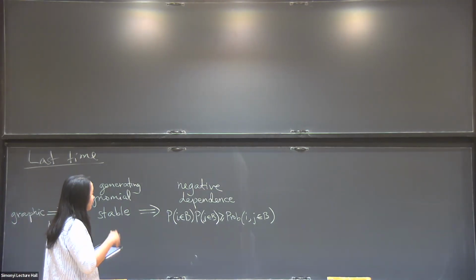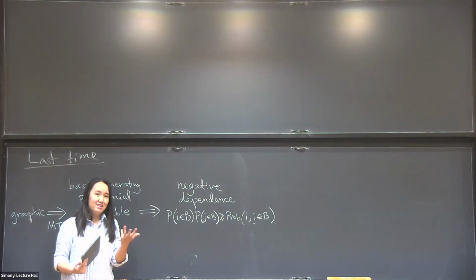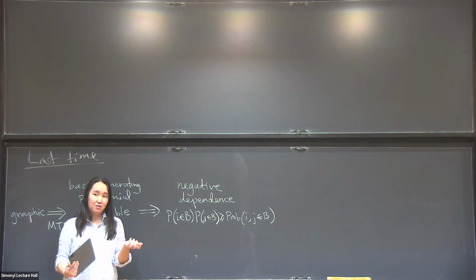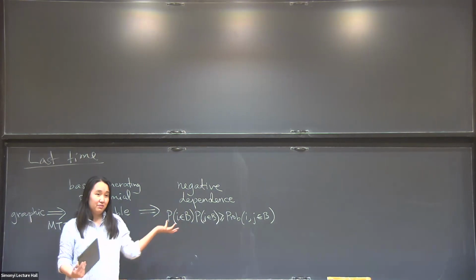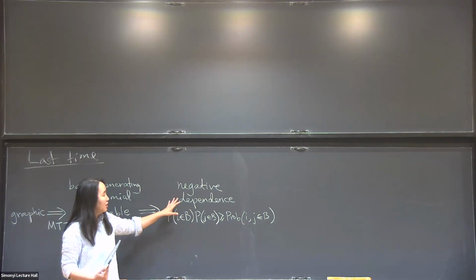So, why do people care about negative dependence? Someone asked me at dinner. There are many reasons that people, especially in application, people who study probability, care a lot about negative dependence, and I won't get into that. I don't know too much about it, to be honest, but you can read about it. They come up in machine learning, sampling, computer science, and combinatorics. They come up a lot.